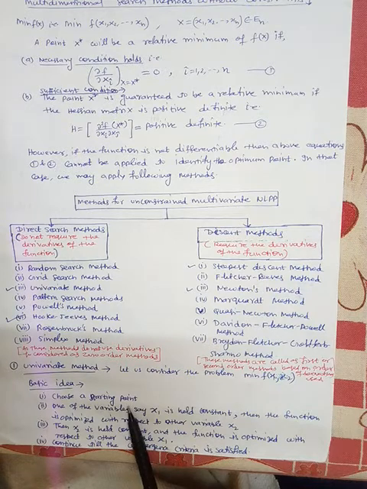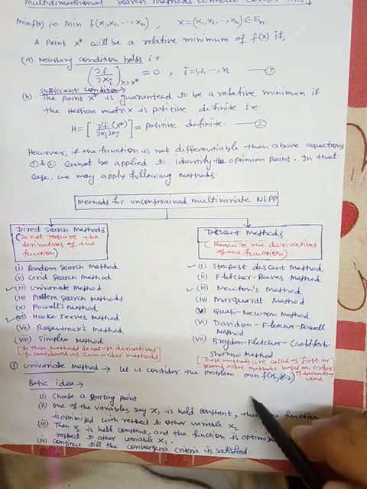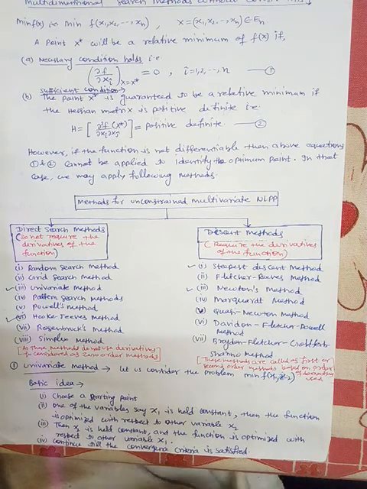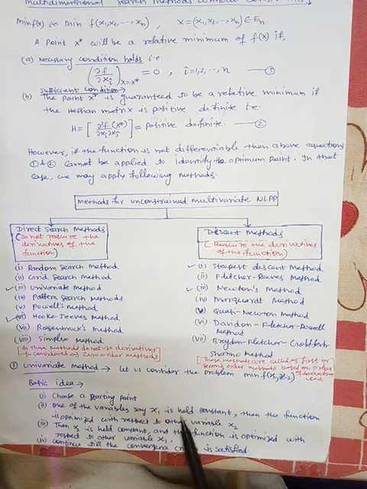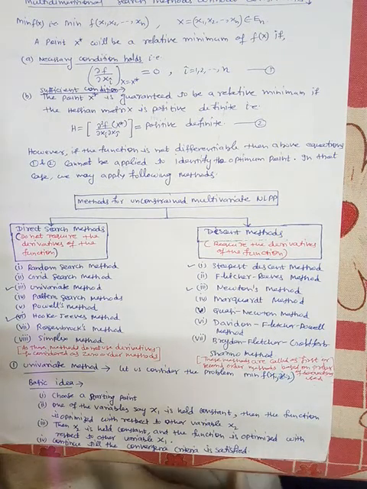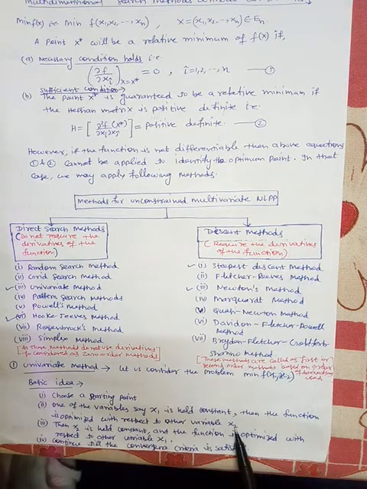So we will start the method from a point, that is called the starting point. One of the variables, say x1, is held constant. Then the function is optimized with respect to the other variable x2.